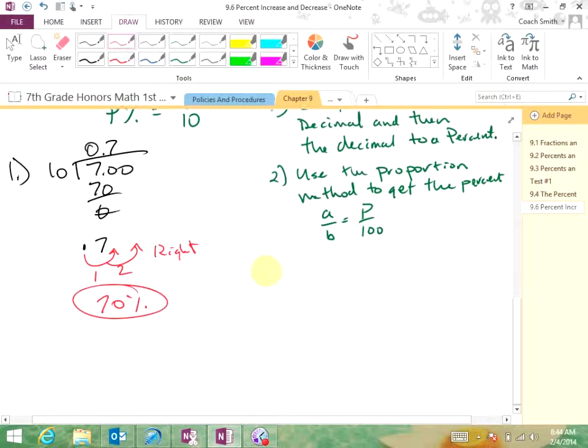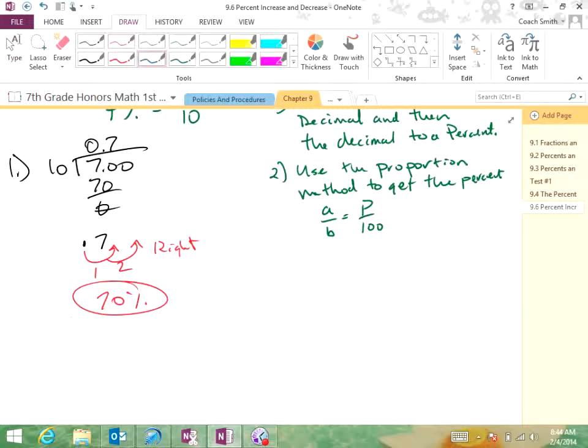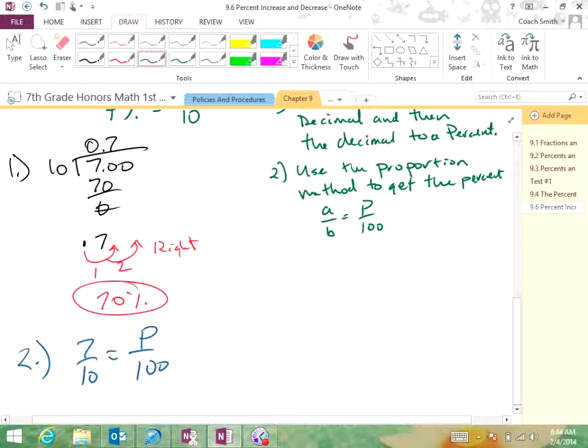Okay. Way number 2 that you can do it, simply take the 7 over 10 and set it equal to P over 100. Okay, we cross multiply. 7 times 100 would be 700. 10 times P would be 10P. And then we'd simply divide by 10 on both sides.